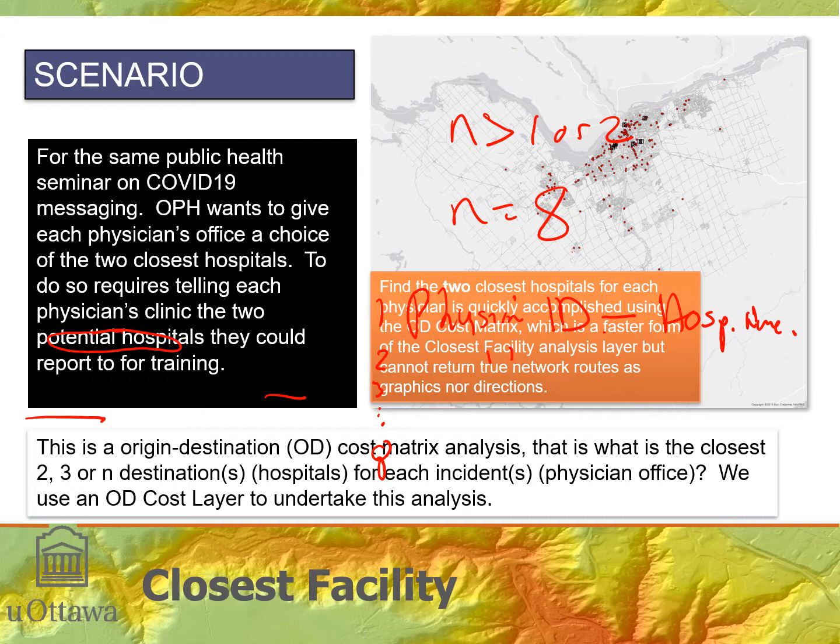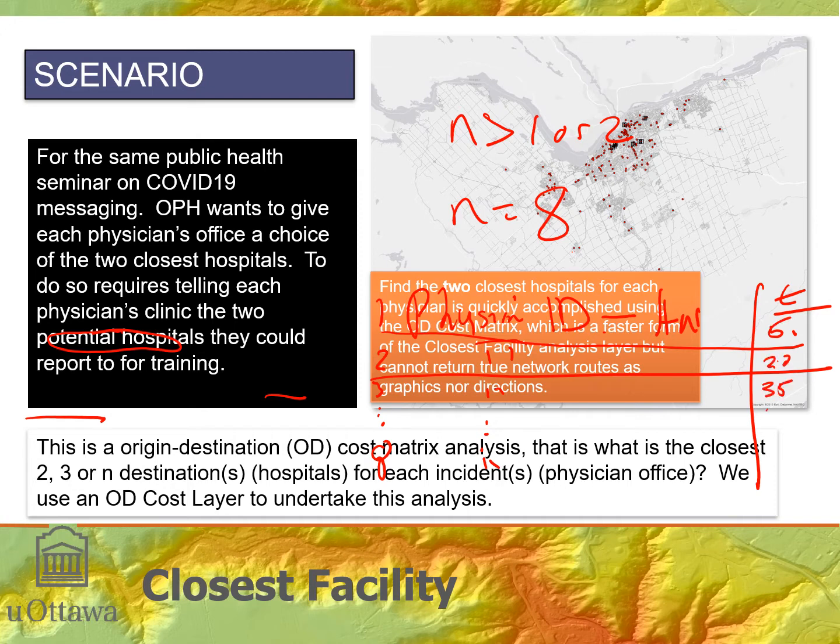So same physician ID, same hospital, 8 times, like so. And then there's a column showing the time for each of those. So the minimum one would be the first one, right here. And the second one would be the second one. So that could be like 5, that could be 20, and then 35, 55, 200, all the way down to all 8 of the hospitals.